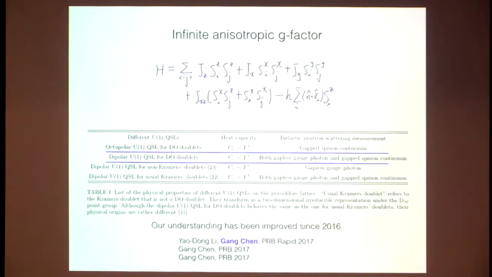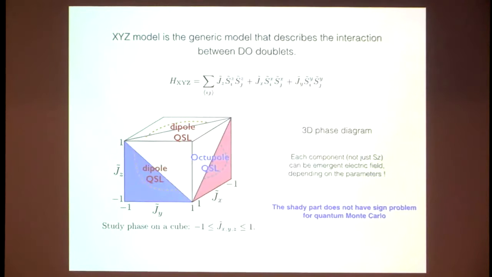So how do we tell they are really distinct types of U1 quantum spin liquids? We suggest theoretically that these three U1 quantum spin liquids are very different because they are distinct symmetry enriched U1 spin liquids. How do we experimentally tell the difference between them?